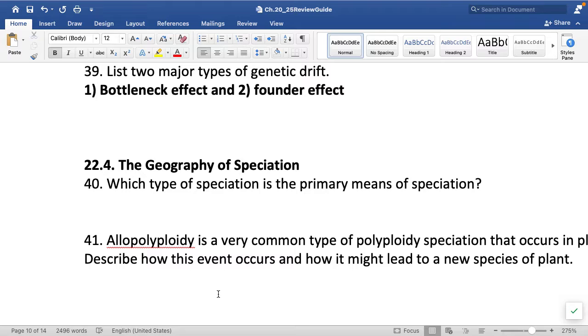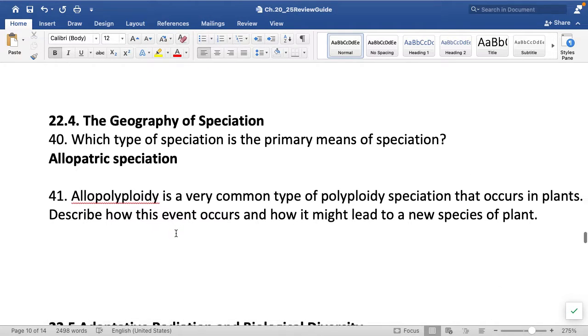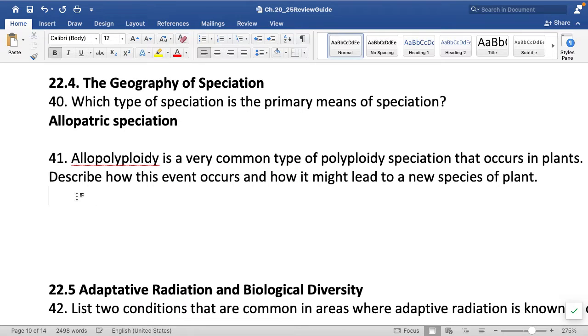All right, which type of speciation is the primary means of speciation? Two different places. Is that allopatric? Yep, allopatry.